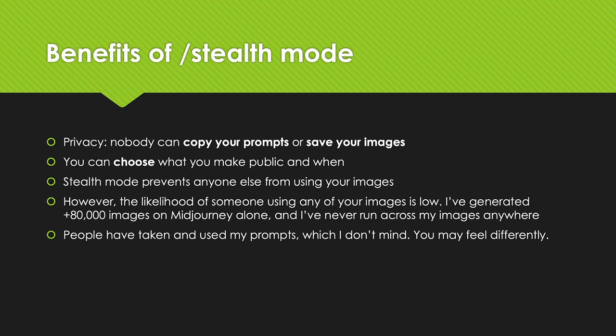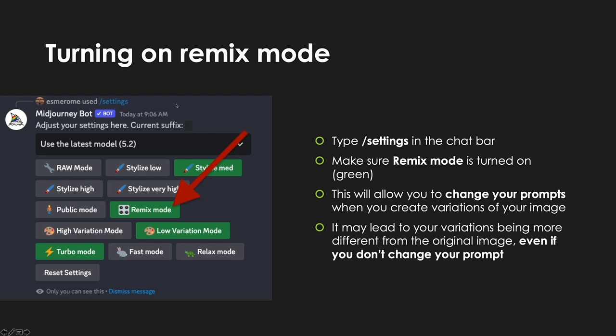And let's also talk about one final mode, promise. This is accessed in the settings where you, again, type /settings. And if you want to turn on remix mode, that means that you can change your prompts when you create variations of your image. Remember, we had that picture of the calico cat with the buttons underneath it, the upscale buttons, and the V1, V2, V3 variation buttons.